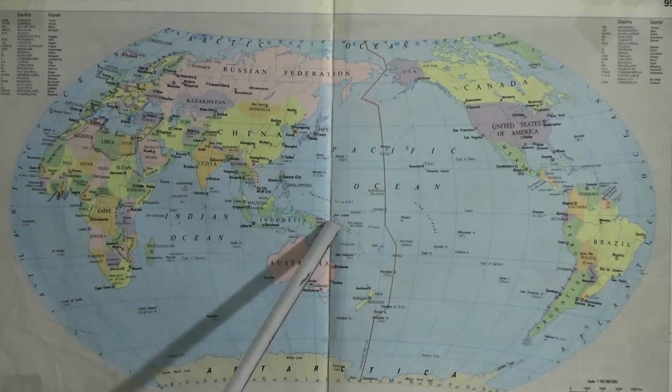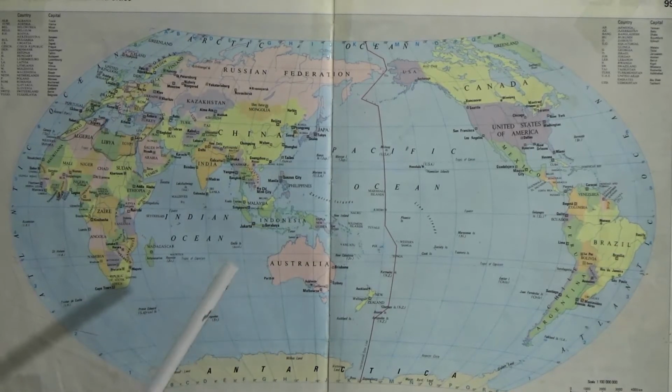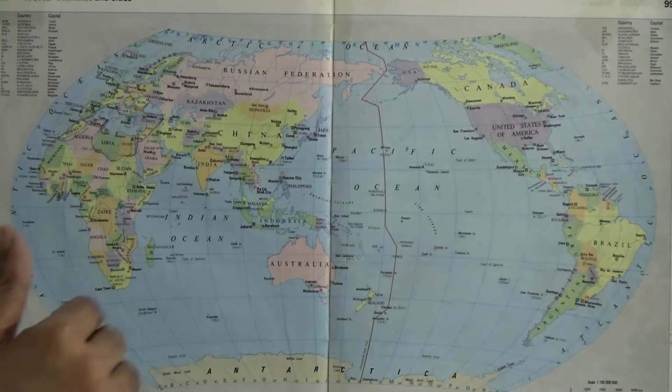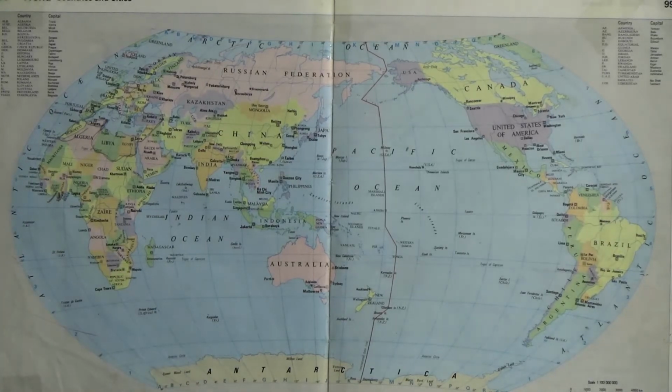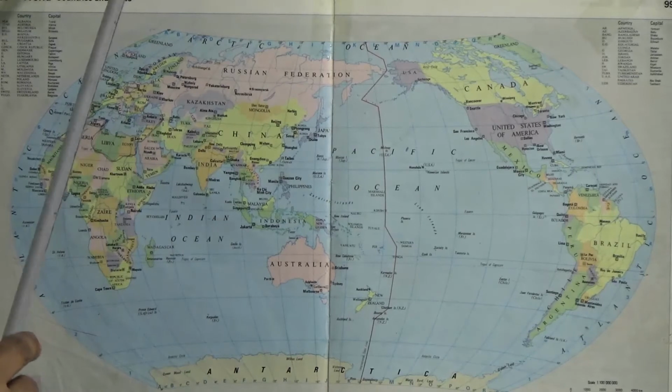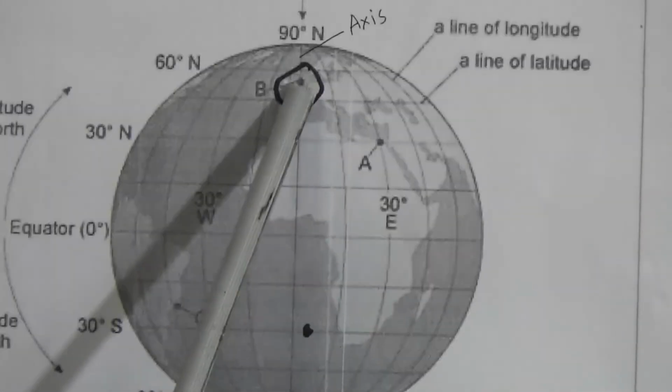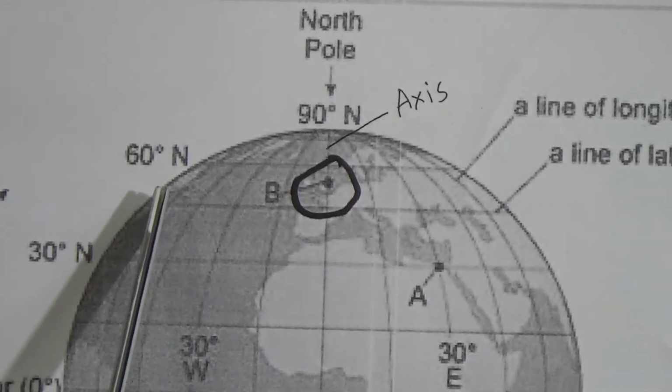If we go 180 degrees east, it will be 12 hours from Greenwich, and if we go 180 degrees west, it will differ 12 hours.